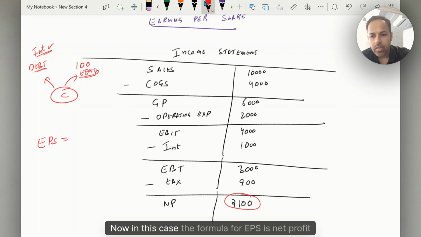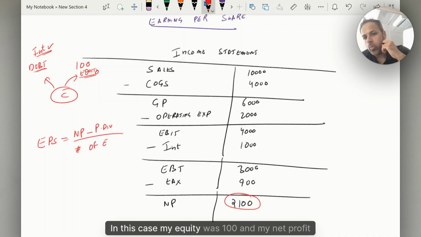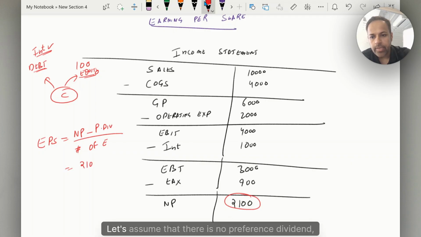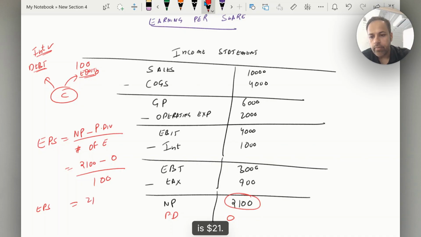Now in this case, the formula for EPS is net profit minus preference dividend, upon number of shares, that is number of equity. In this case, my equity was 100 and my net profit was 2,100. Let's assume that there is no preference dividend, that is zero. So upon 100, my earning per share is $21.